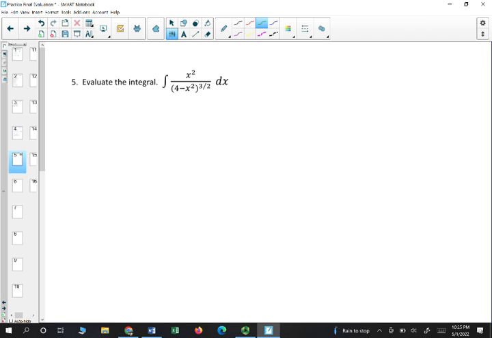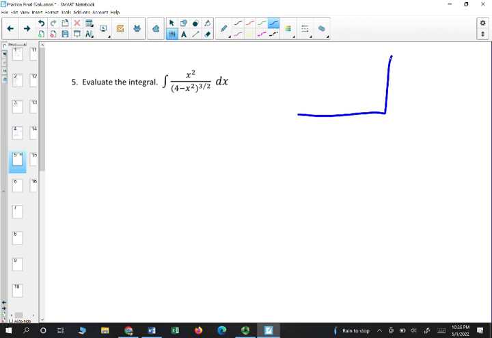Okay, our next problem appears to be a trig substitution problem, integration with trig substitution. So what we do typically is try to recognize what substitution we would be making.